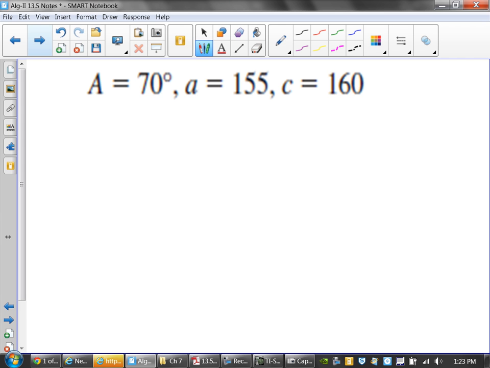Again, we're going to try and solve this out. 70 is my given angle. Is 70 acute or obtuse? It's acute.